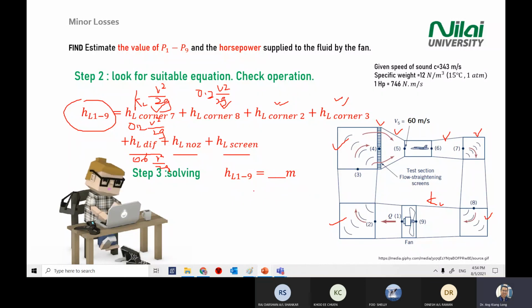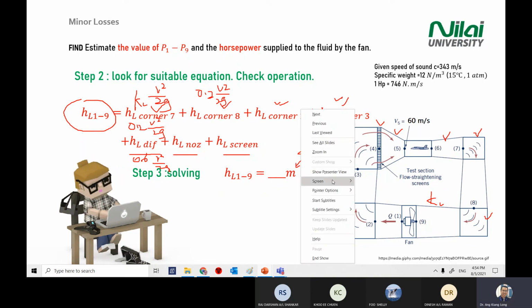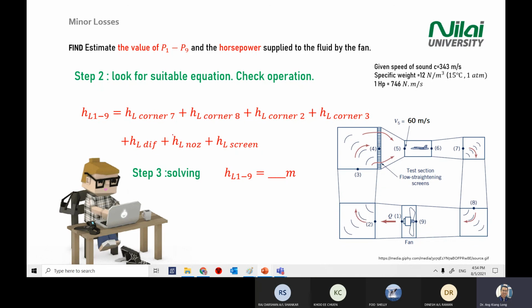After you add, the unit for head loss is meter. Okay, so just for illustration, you calculate the number. I don't have the value here. For example, the first corner, you get 10 meter. It will be the same for the corner, 10 meter. Corner number 2 will be 10 meter. Corner number 3 will be the same, because the formula is still the same, KL V square over 2G, and the KL value for the corner is the same. You have the guide vanes there, same.